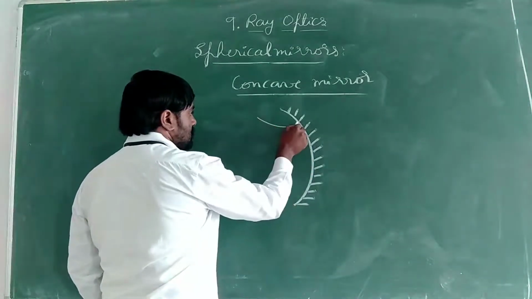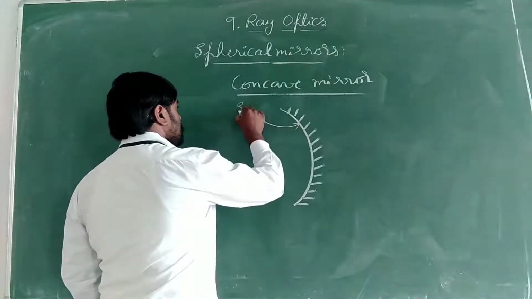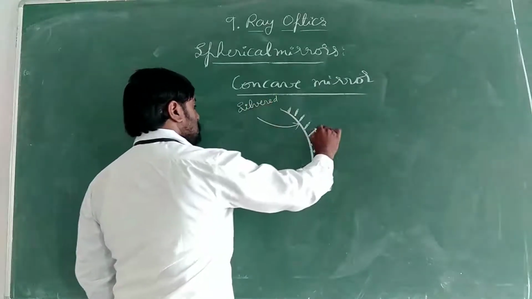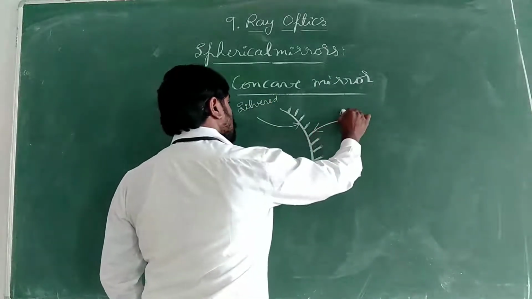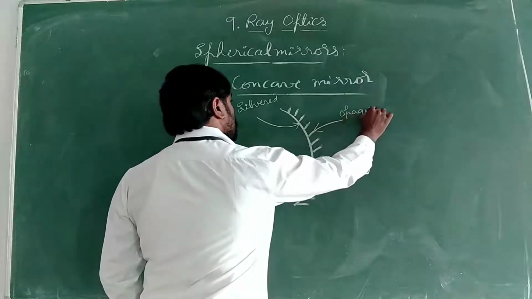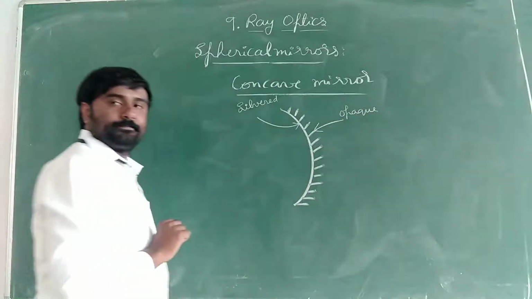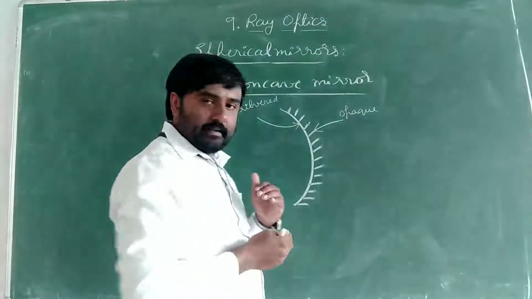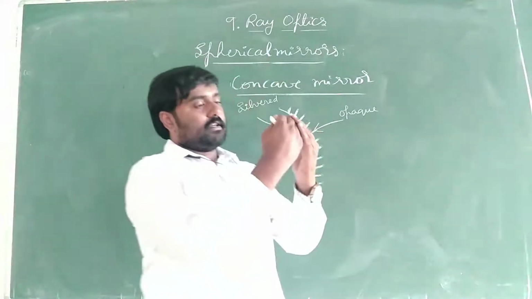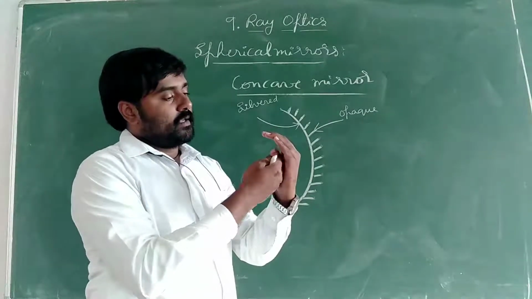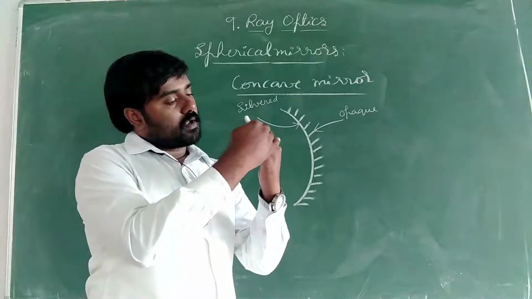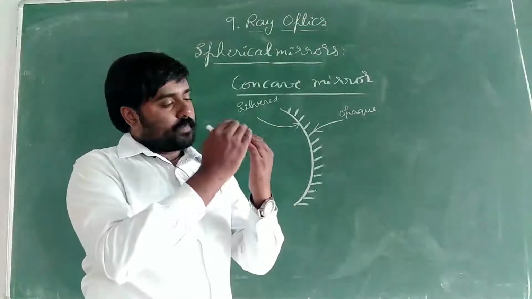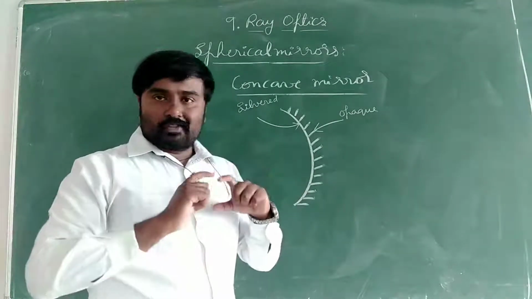This is the silvered surface, and this is the opaque portion. Opaque means not transparent. Silvered on inside, opaque portion on outside, that is concave.